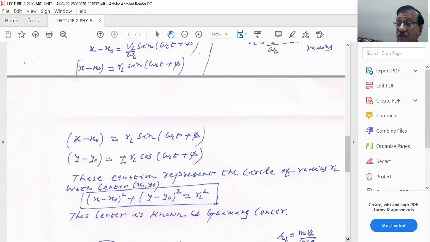But if you project the particle with some initial velocity along z, then in addition to the circular motion, the particle has a linear motion along z with constant velocity. In that case, your guiding center will move along the z direction. We will work this out and also write some equations of motion of the guiding center.